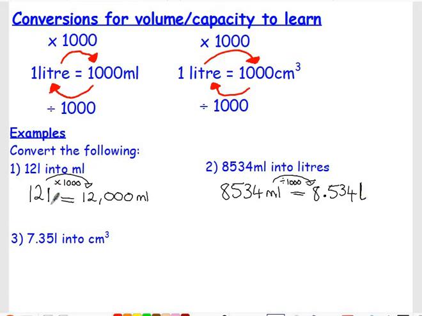Okay, and then finally, our third example, 7.35 litres into centimetres cubed. So 7.35 litres, and this is into centimetres cubed. Well, to get from litres to centimetres cubed, we need to times by 1,000.